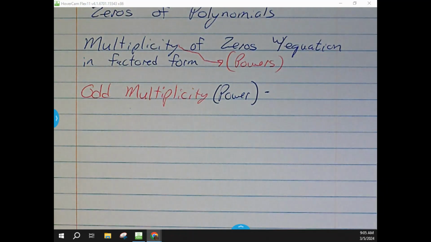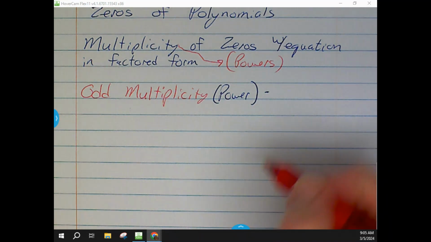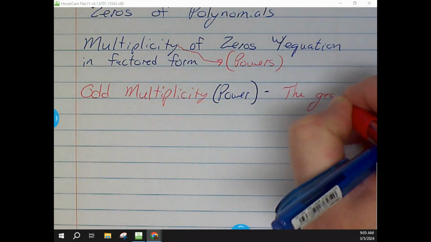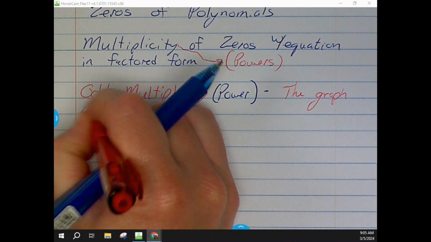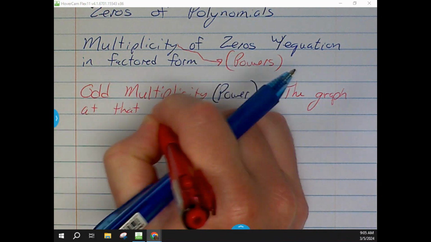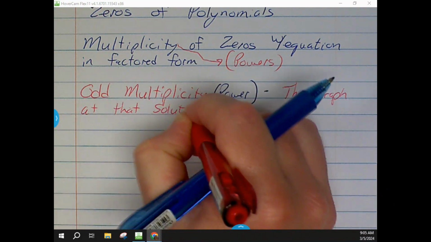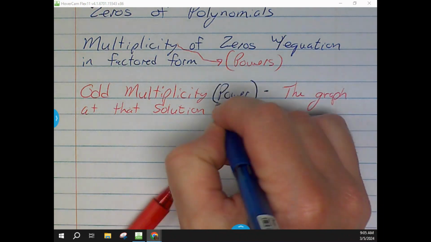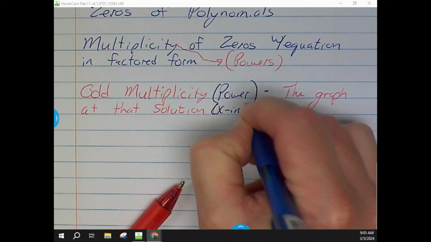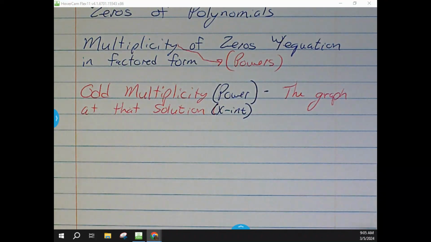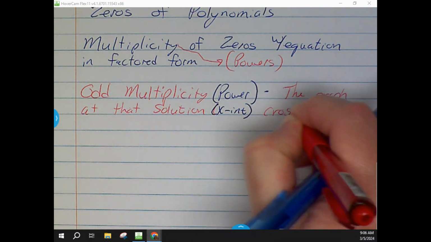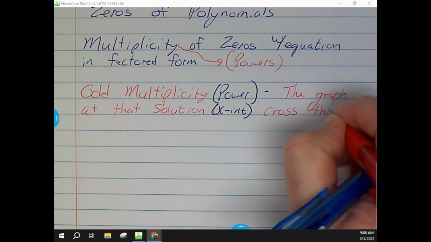If it's an odd multiplicity, the graph at that solution, which again, when they're talking about solutions, we're talking about at that particular x-intercept, if it's an odd multiplicity, it's going to cross through the graph.